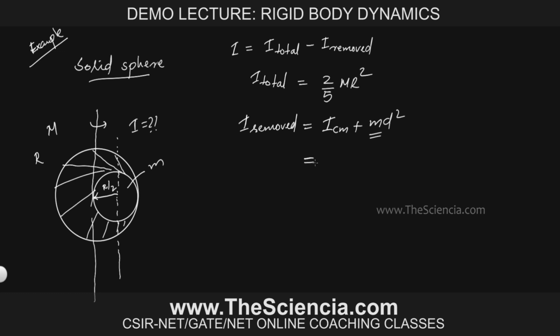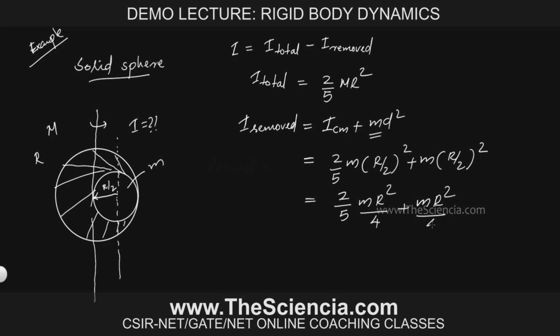That is equal to 2 by 5 m, R is here R by 2 whole square, plus m d square, where d is R by 2 whole square. So what is its value? This is equal to 2 by 5 m R square by 4 plus m R square by 4.